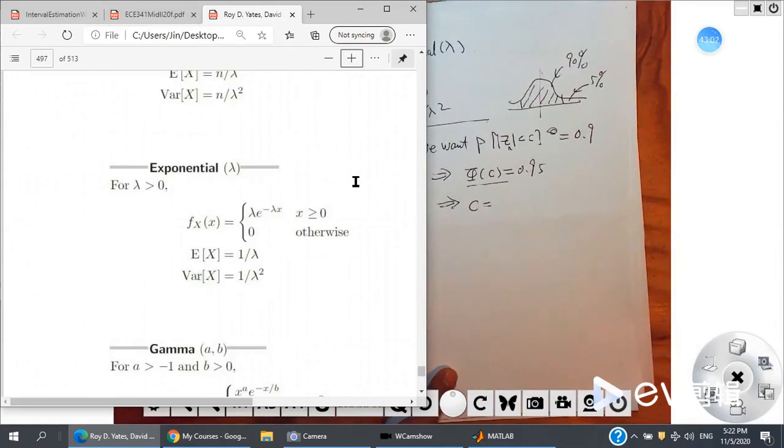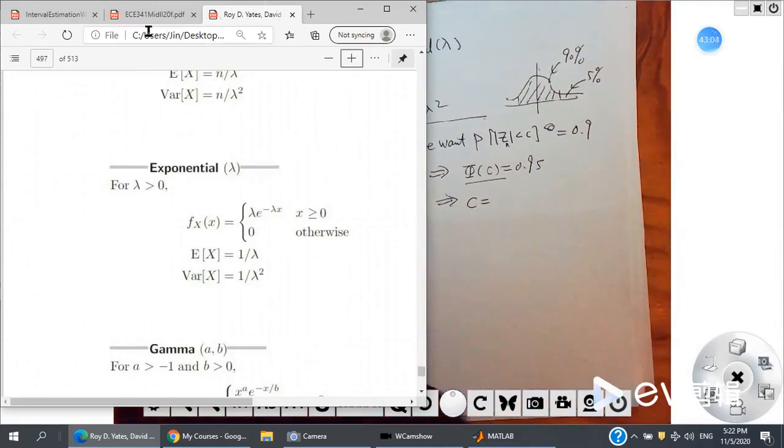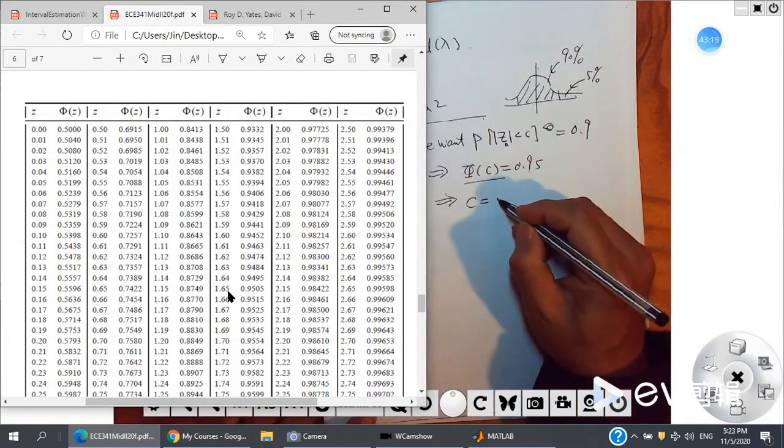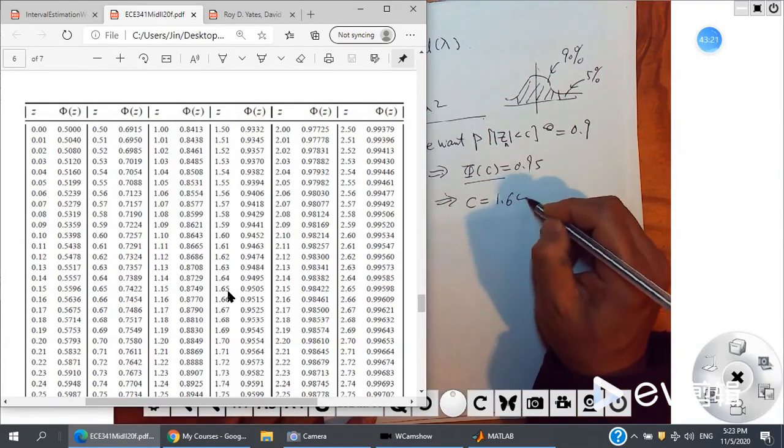C is actually the same C. You check the table. I forgot what C is, so I check the table again. We need 0.95. Z is 1.65, 1.64, 1.645. I use the middle one, 1.645.